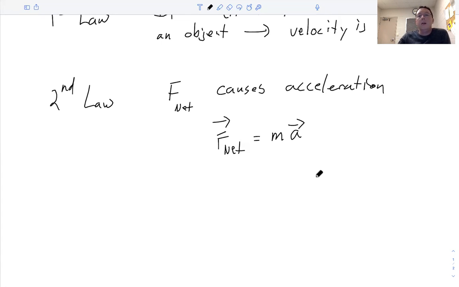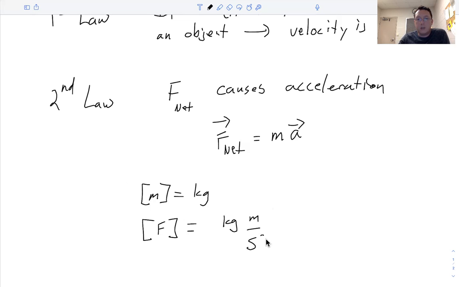In terms of units, for mass we will use kilograms, and the units of force then would be a kilogram meter per second squared, and that's a mouthful.